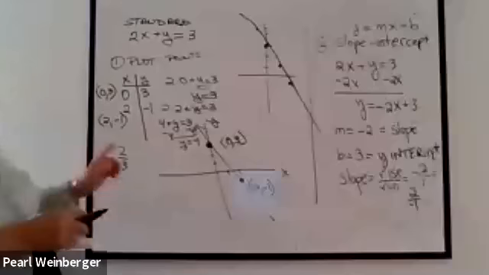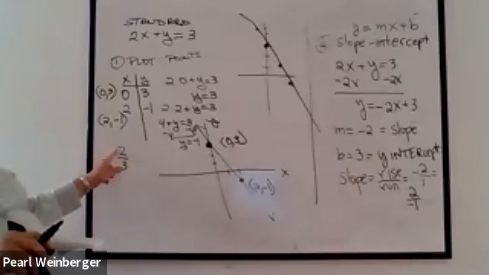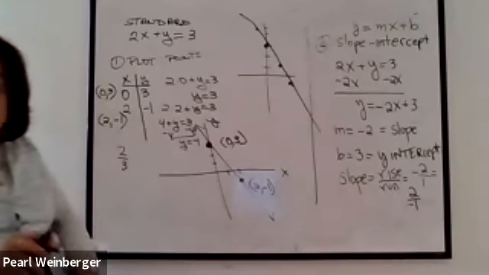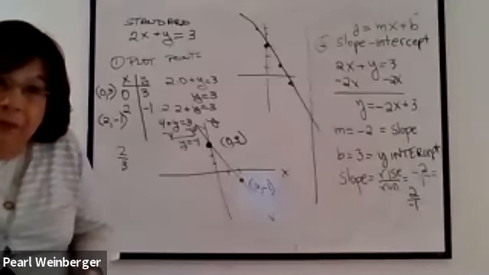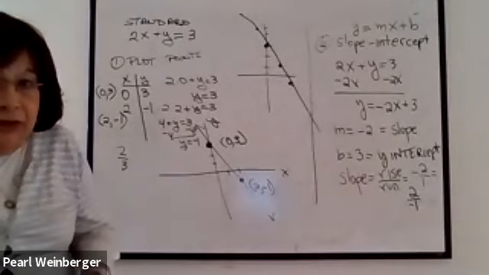You could have a fraction as a slope. Then that would mean that your rise is 2 and your run is 3. Oh, okay. Whenever your slope is a whole number, then it's going to be over 1. But if it's a fraction, then it right away is in the rise over run form. Did that answer your question?